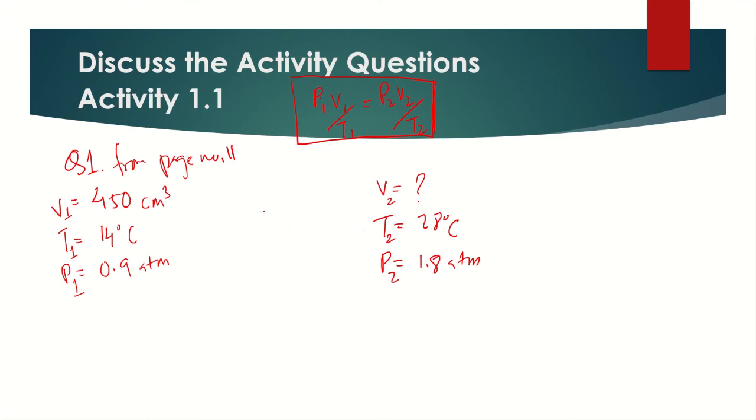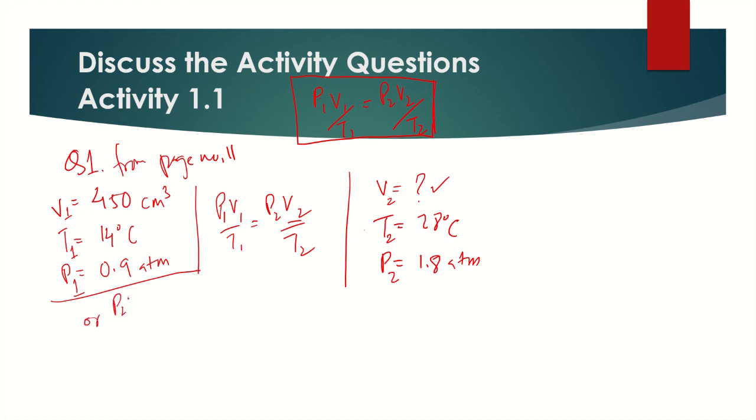So we use the equation P1 V1 by T1 is equal to P2 V2 by T2. With this equation we can calculate V2. The first step is to arrange the equation in such a way that V2 is the subject. It comes to the left hand side and the rest goes to the right hand side. So we can write this expression as P2 V2 by T2 is equal to P1 V1 by T1.